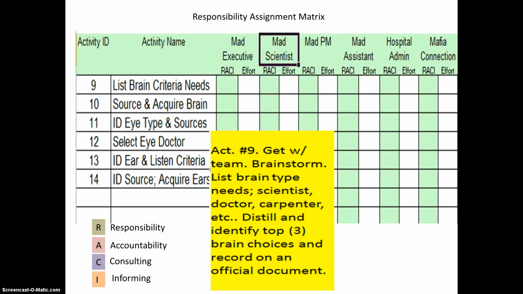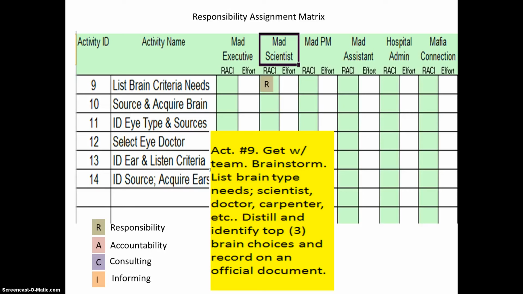The action of distilling and identifying the top 3 brain choices and then recording on an official document what those top 3 brain choices will be is essentially the deliverable of that activity. So for activity ID number 9, list brain criteria needs, that's the activity which we just shared and which I just explained to you.